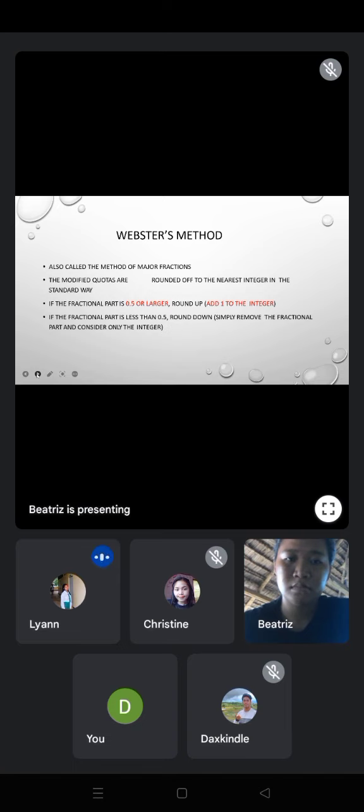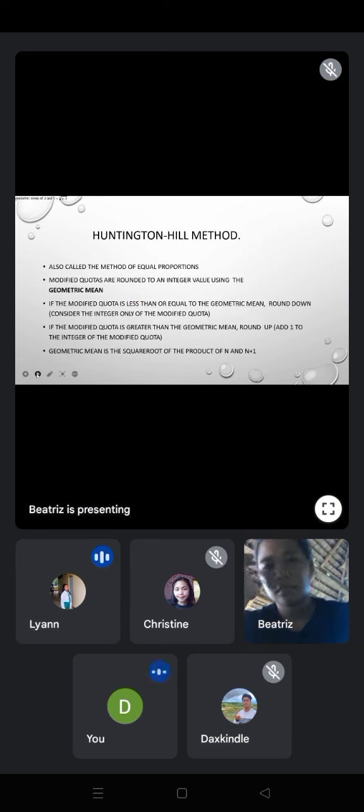Huntington-Hill method is called the method of equal proportions. Modified quotas are rounded to an integer value using the geometric mean. If the modified quota is less than or equal to the geometric mean, round down.